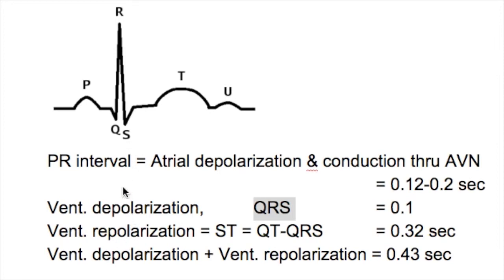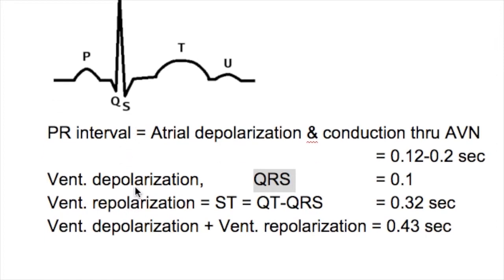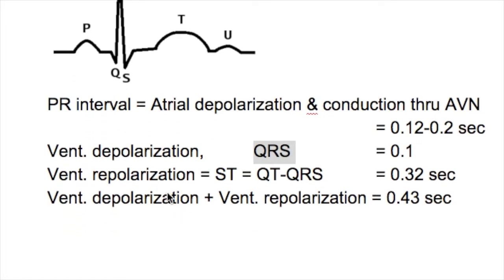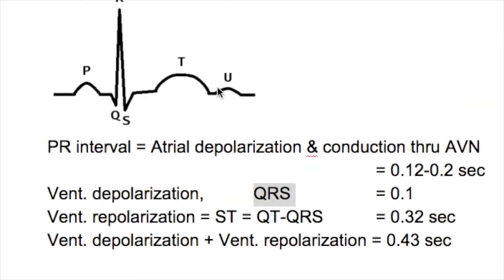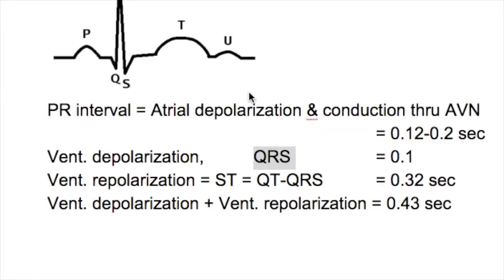If you add both of these together, ventricular depolarization and repolarization, the total duration is 0.43 seconds. What is the U wave in the ECG? The U wave is due to papillary muscle repolarization.